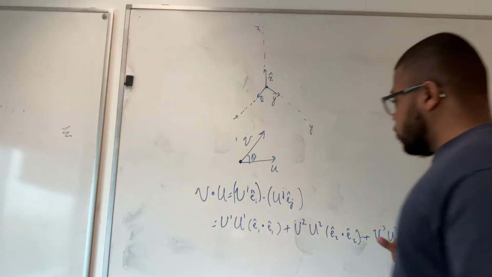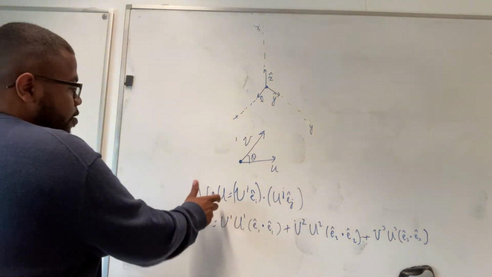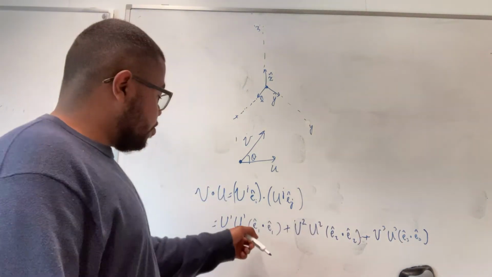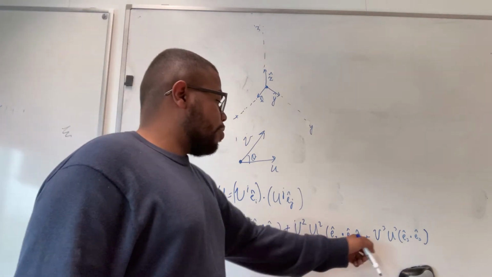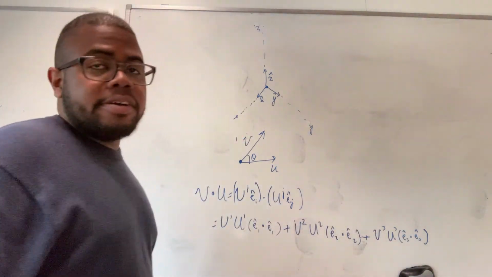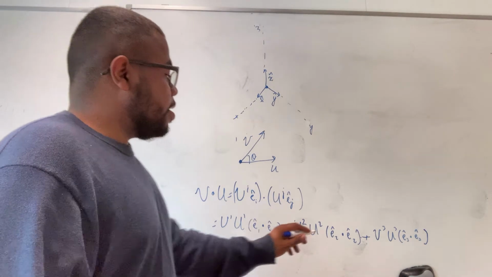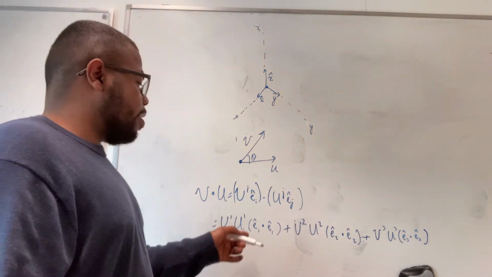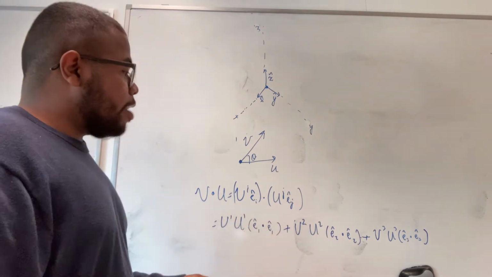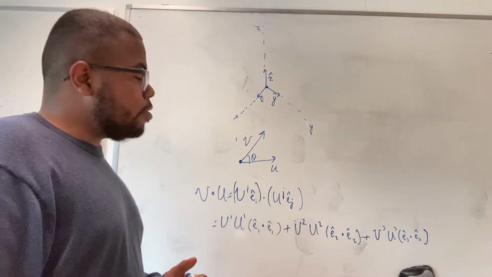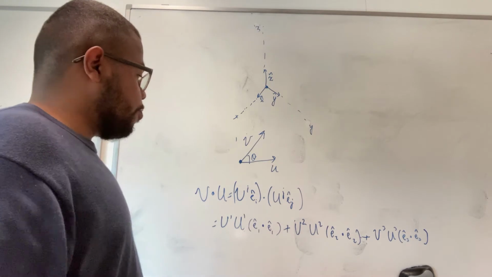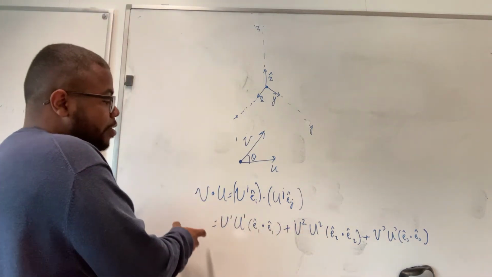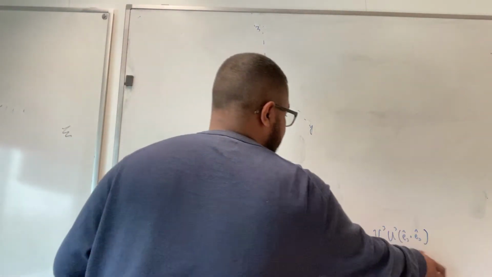In essence, the expression that we have then for V dot U is this expression using index notation and using the dot product of the base vectors, because everything else falls out. If I have E2 dot E3, the same problem would apply as E1 dot E2: because they are orthogonal to each other, the dot product is going to be zero, so that term just falls out, and hence we express the dot product as being this particular combination.